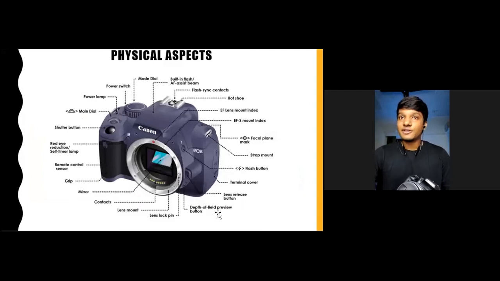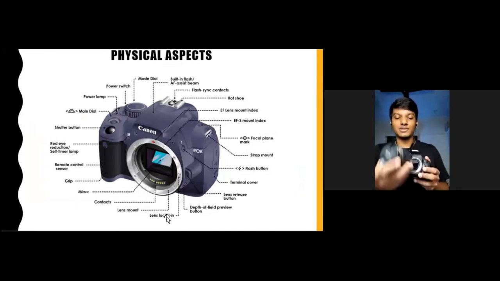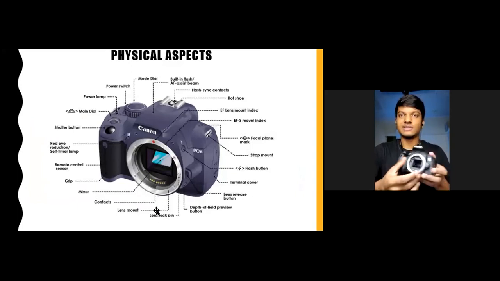The depth of field preview, I'll focus on later once I explain more of the camera settings inside. The lens lock pin is part of the mount over here. These pins help secure the lens in place. That's pretty much it. I've already explained what the lens mount is. It's this metal ring here that you attach your lenses to.